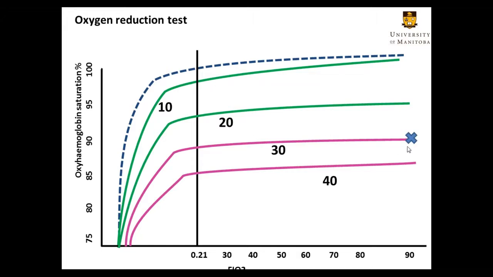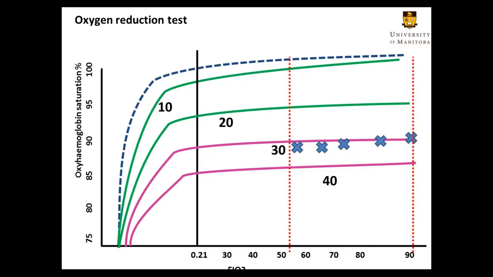But if we do the opposite, if we reduce the oxygen back, what will happen? So you have the saturation now at almost 87%, and you have the oxygen fraction around 90 or 0.9. Apply oxygen reduction, so the oxygen reduced, there is no change in the oxygen saturation. More reduction, no change. More reduction, slight change.